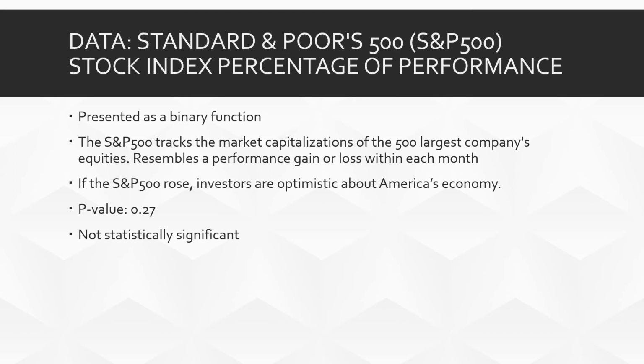It can change a lot within each month, so stating if it made any gains or losses each month would be a better measurement. The p-value of this was very high at 0.27, so it's safe to say it is not statistically significant.